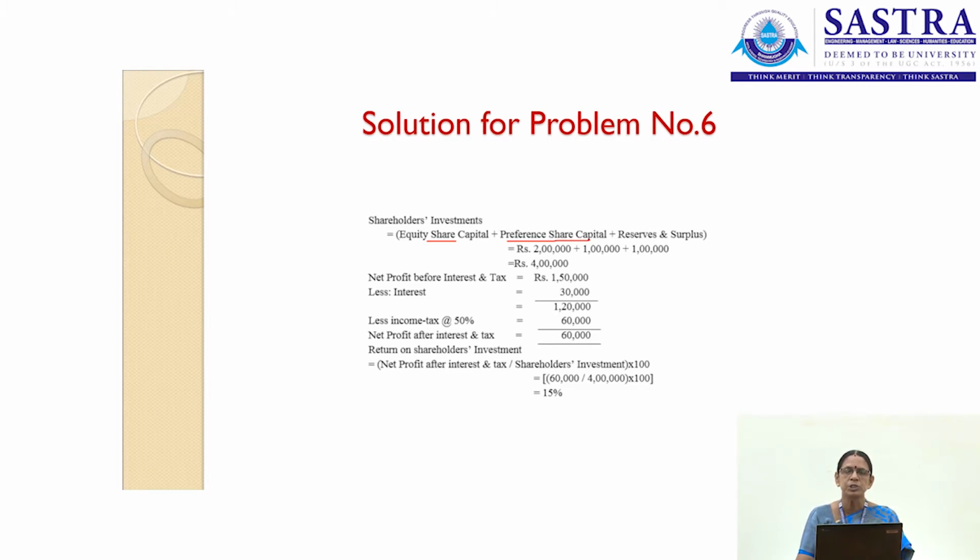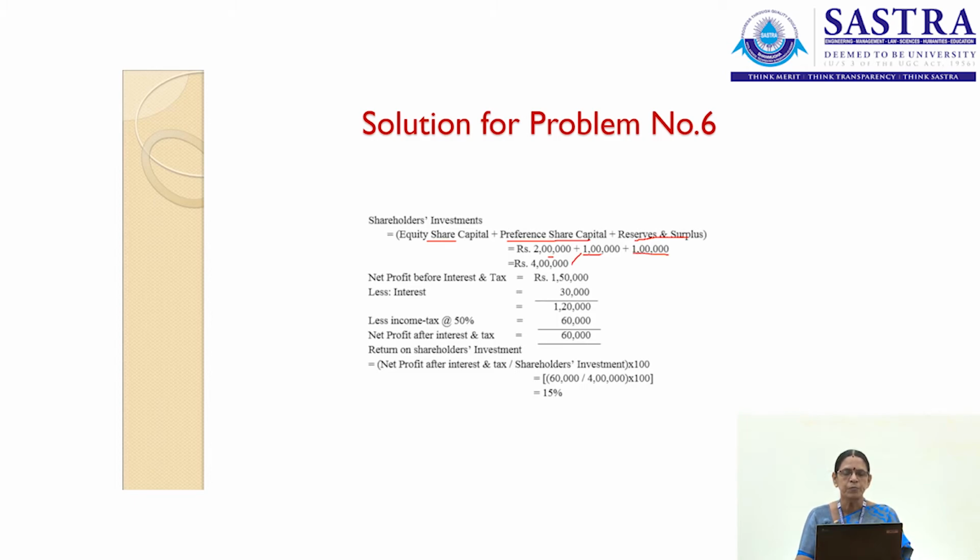Reserves and surplus is said to be the accumulated reserves that is available for the shareholders. Reserves is said to be accumulated reserve, surplus is said to be the profit available in your net profit for the current P&L account for the current year. So 3 lakh rupees plus 1 lakh will get 4 lakh rupees.